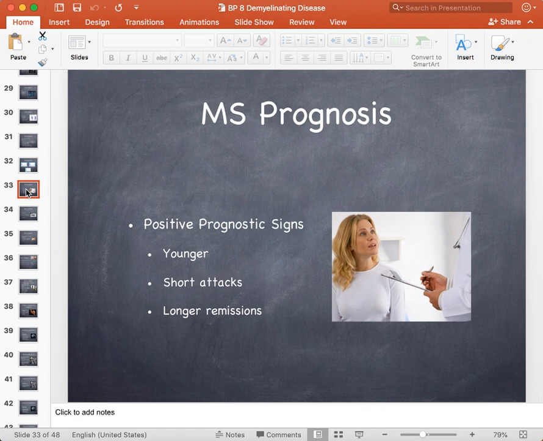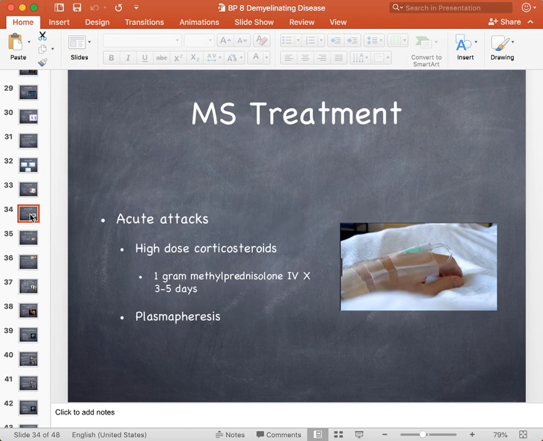When someone first comes in, you use high dose corticosteroids to knock down the inflammation. I was taught, Dr. Schmalstig, that the steroids help hasten the recovery of that attack, but ultimately the outcome is essentially the same whether or not they get steroids, with the exception maybe being of optic neuritis.